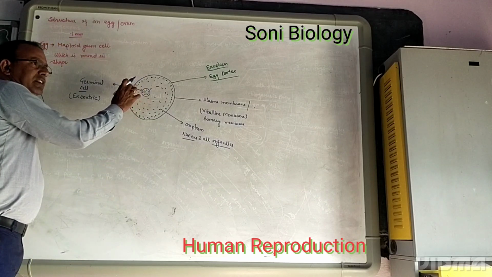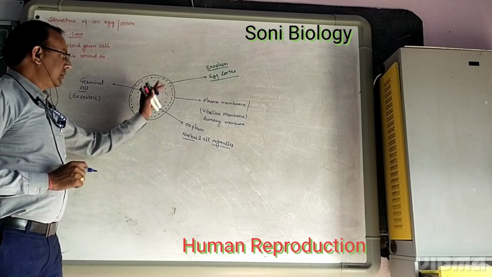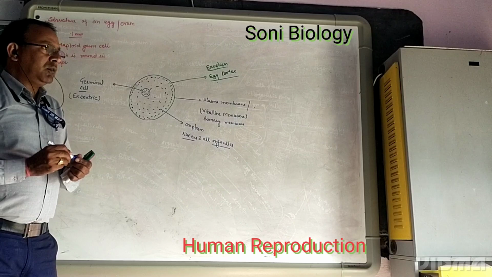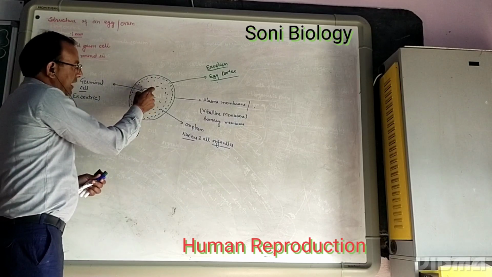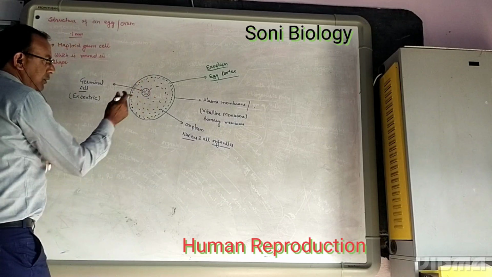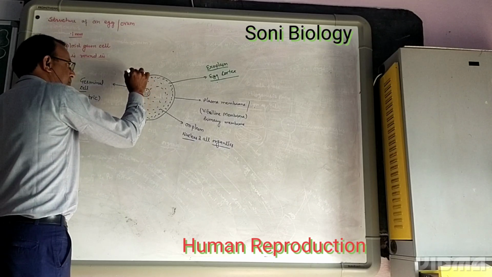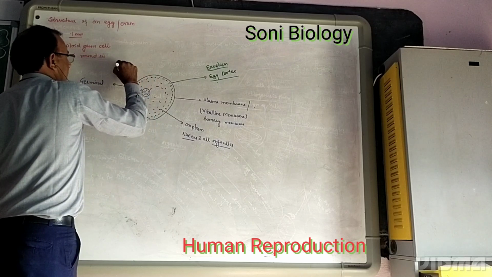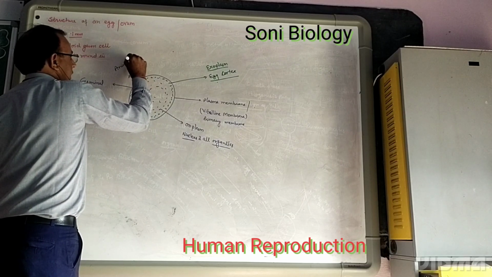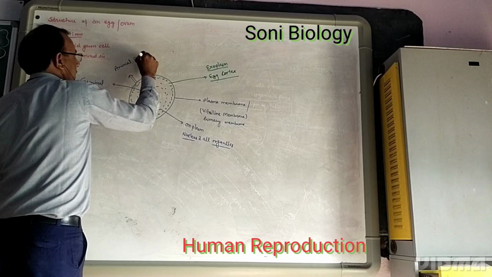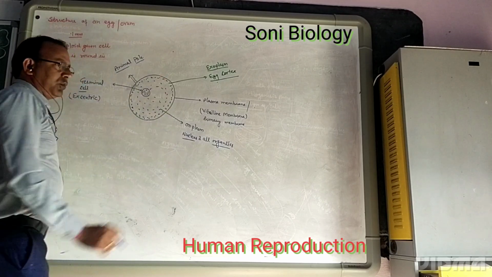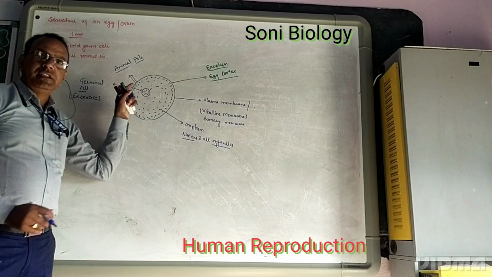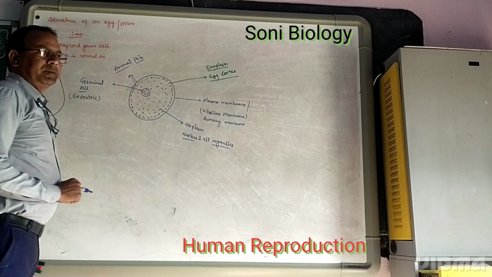On the basis of the position of the nucleus, the egg has two poles. The end which is closer to the nucleus is called the animal pole. Sperm always enters into the egg through this pole.